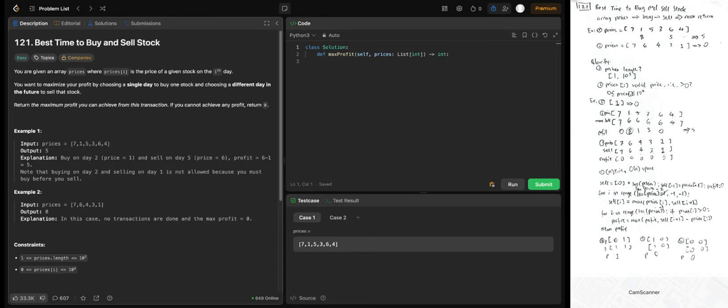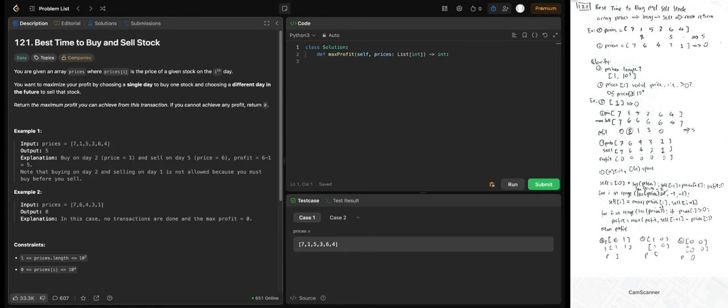I would say, let's say we want to buy on day 1. Let's look at the first example. Actually, I would like to clarify a few things here, about what I can assume.